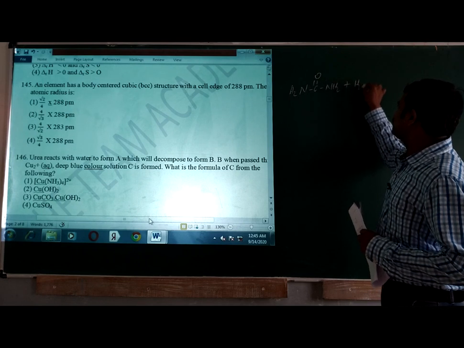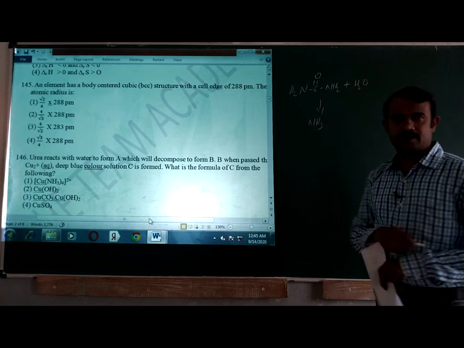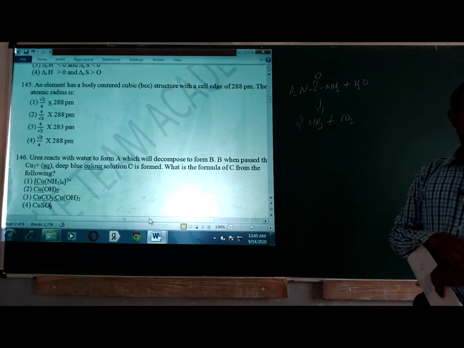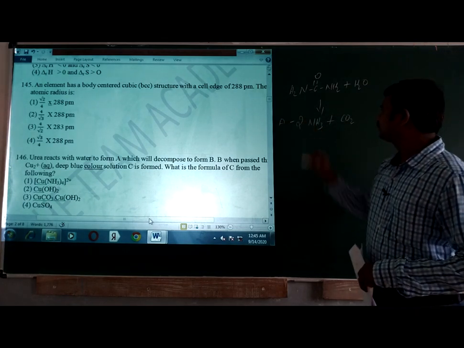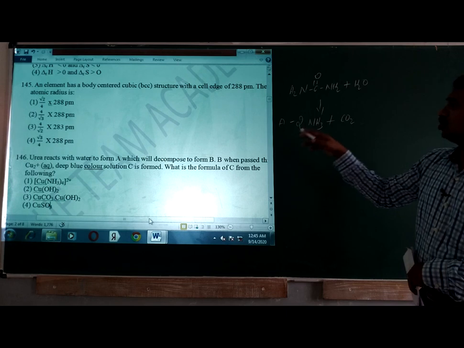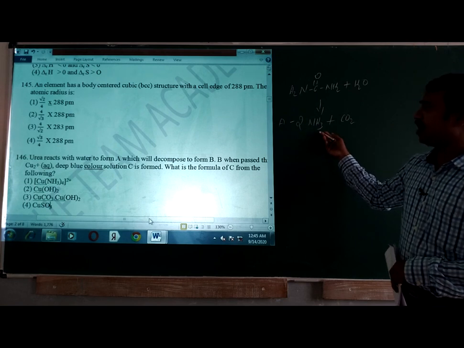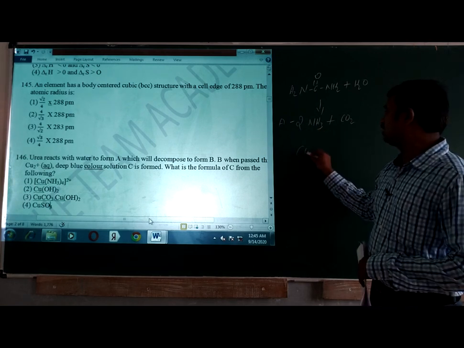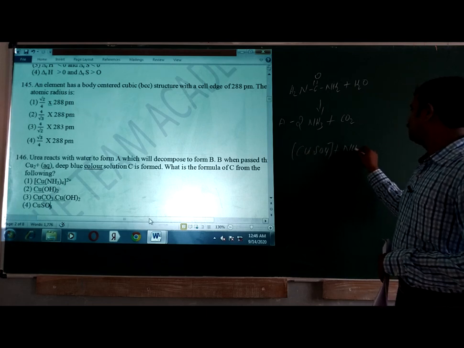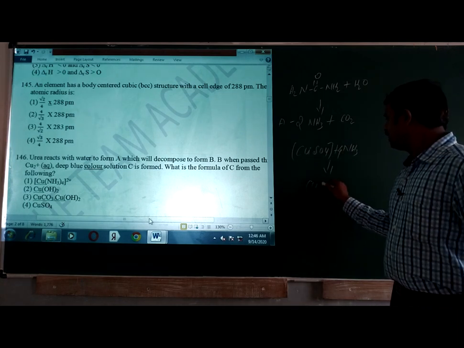When urea reacts with water, it forms 2 molecules of ammonia and carbon dioxide, so A is ammonia, which decomposes to form B. When ammonia is passed into copper sulfate solution, the copper 2+ in copper sulfate solution reacts with 4 molecules of ammonia to form cuprammonium sulfate.